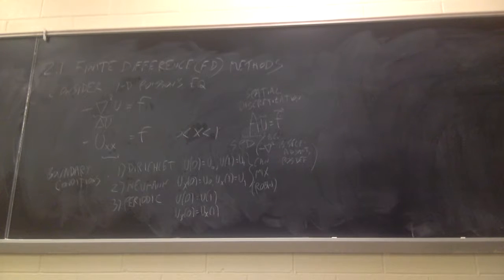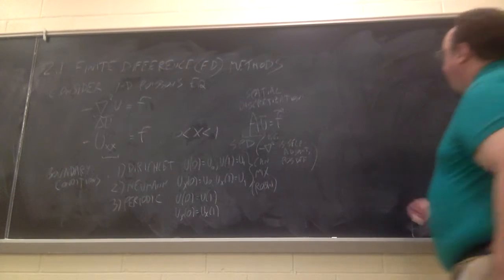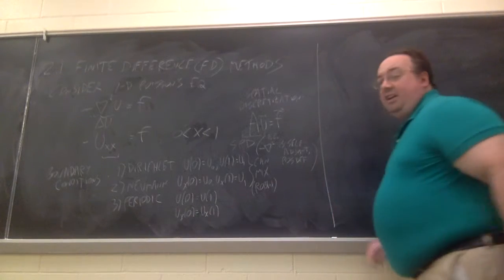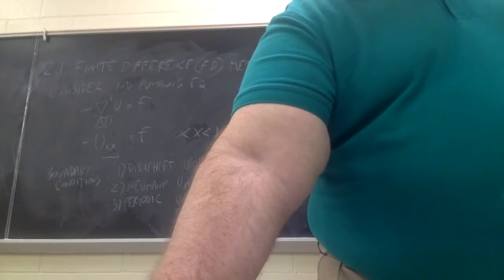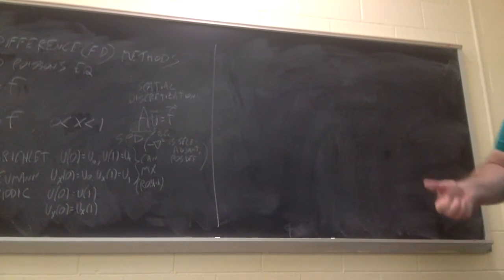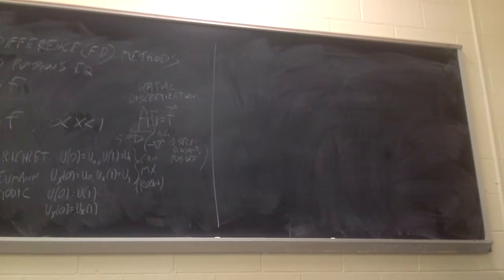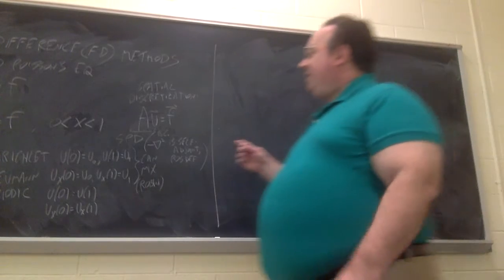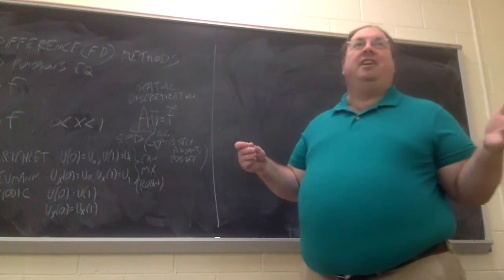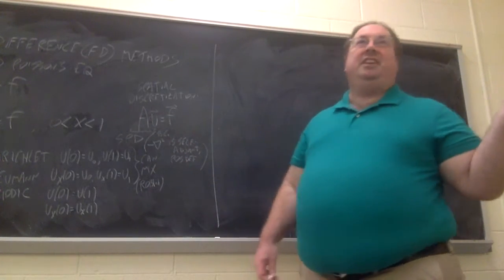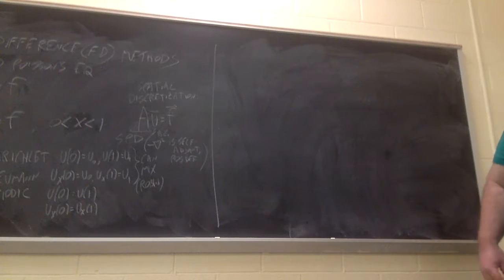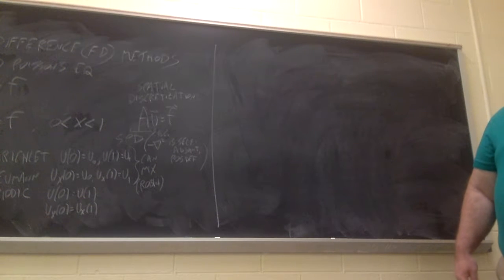But I need to talk about spatial discretization in general. Because if you're solving the PDE analytically, like I've been talking about really all semester long, we're solving for a function u of x. Like the PDEs I've been solving lately, we have a formula for this function u of x or u of x, t.